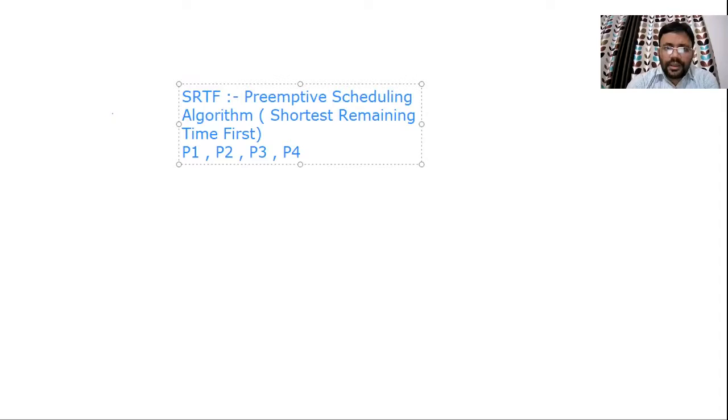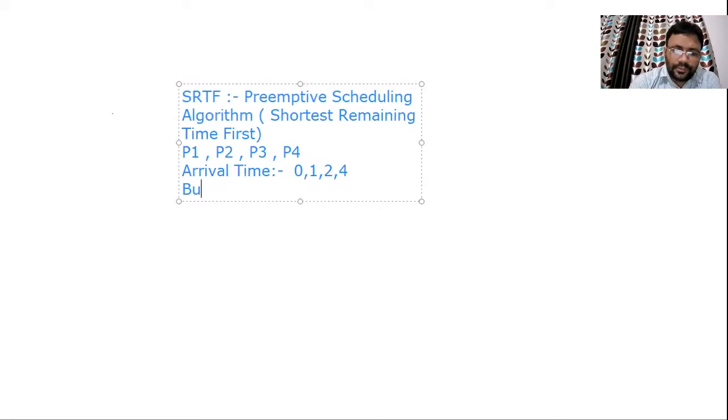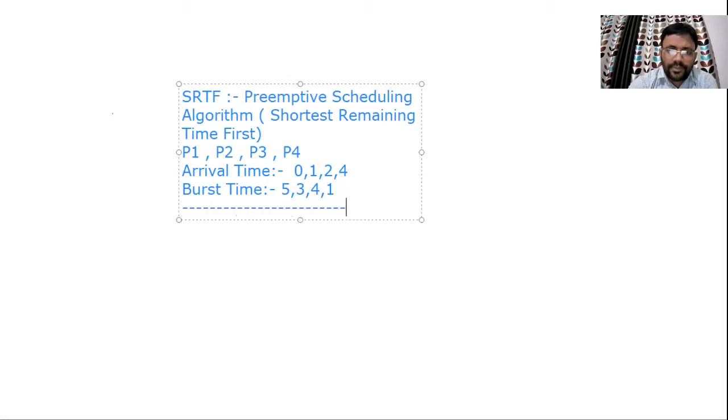The arrival times are given as 0, 1, 2, and 4, and the burst times are 5, 3, 4, 1. So this is given in the question. And firstly, as we always do, we prepare the Gantt chart.